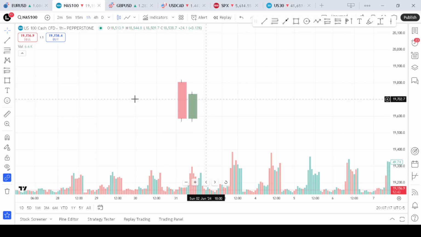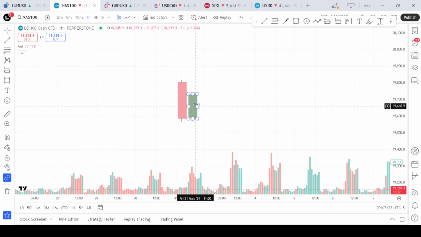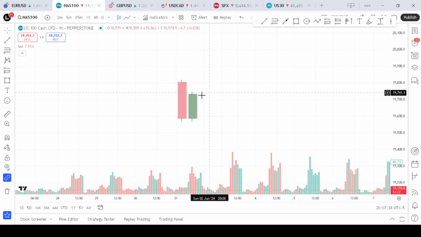Characteristics of this strategy are, first of all, the first candle is long and bearish, as we can see from my screen, showing strong selling activity, while the second candle opens below the previous candle close, but closes above the midpoint of the first candle.